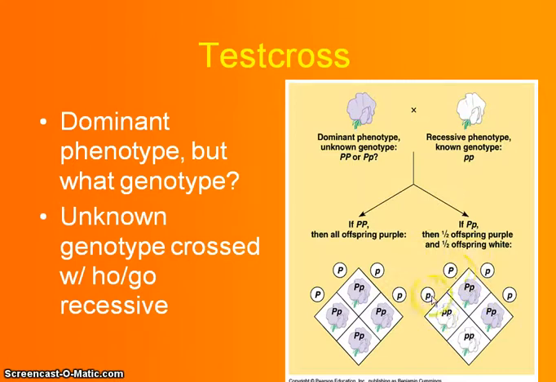But if you had a heterozygous purple plant with the homozygous recessive plant that we would do for our test cross, then you would have a 50-50 chance of getting either purple or white. So if we got white flowers with this cross, we would know that the purple plant had to have been this heterozygous version, not the homozygous version. So that's called a test cross.